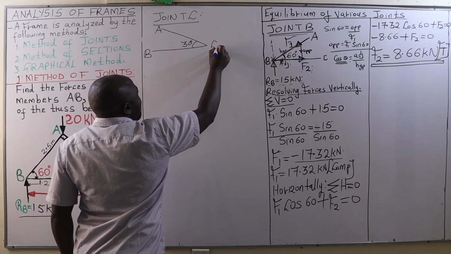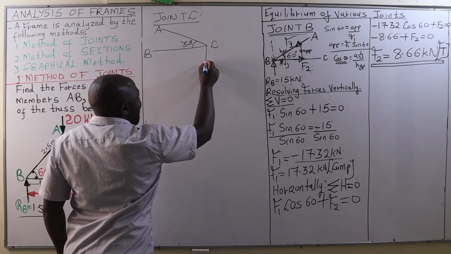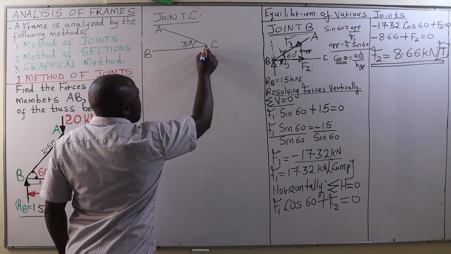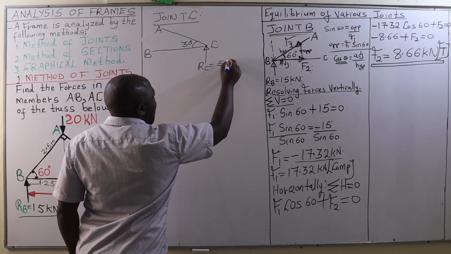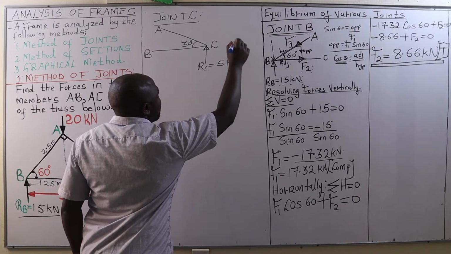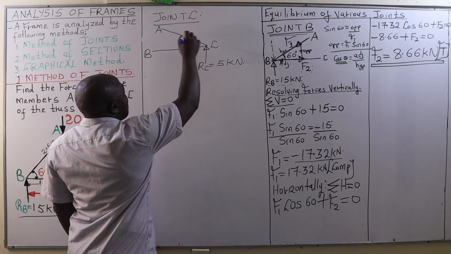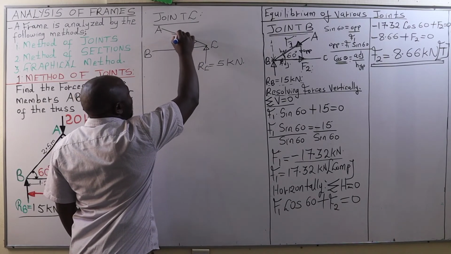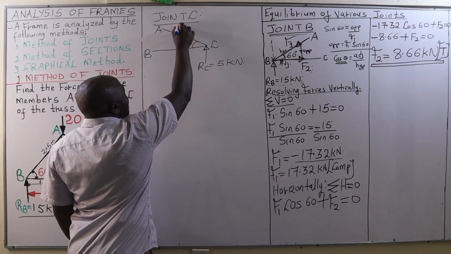This is C. And then at C, we have a support with a reaction of 5 kilonewtons. Now, on member AC, let's have a force acting on that member.